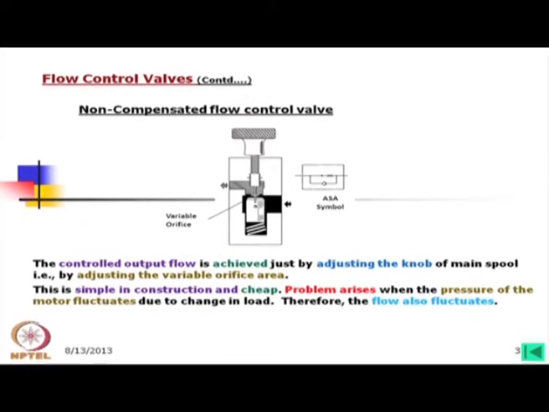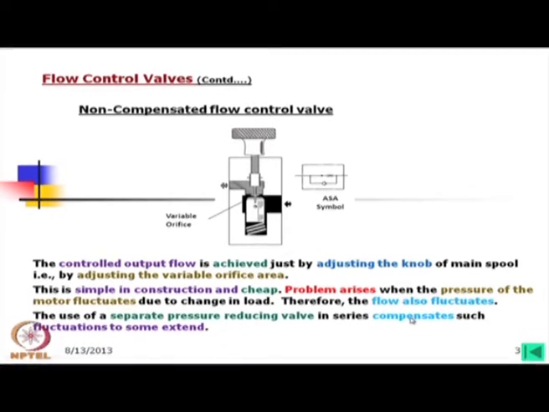The problem arises when the pressure of the motor fluctuates due to change in load. Therefore, the flow also fluctuates. The use of a separate pressure reducing valve in series compensates such fluctuation to some extent. We have not yet learned what a pressure reducing valve is; we shall discuss it a little later.